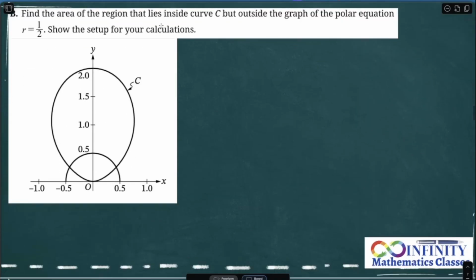Find the area of the region that lies inside curve C but outside the graph of the polar equation.